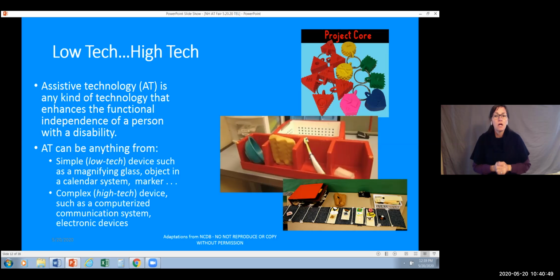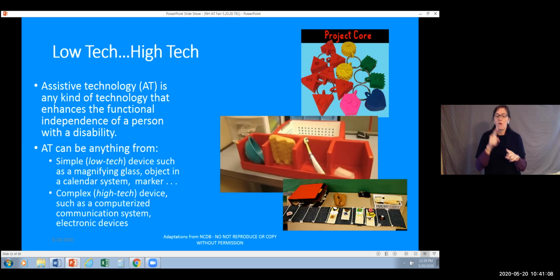Project CORE, which is a whole approach to using tactile symbols, universal, tangible symbols, typically representing verbs. The middle picture is an example of a communication calendar system where the different objects represent the activities of the day.